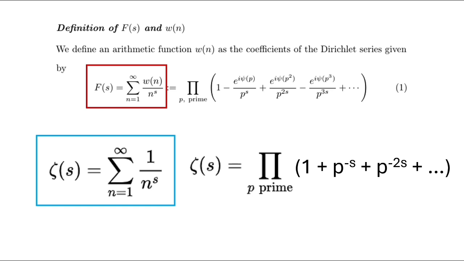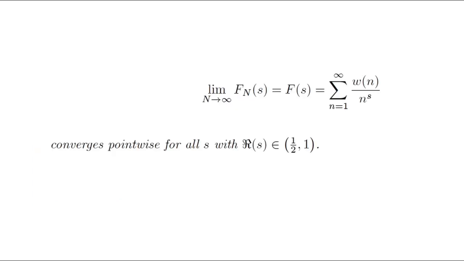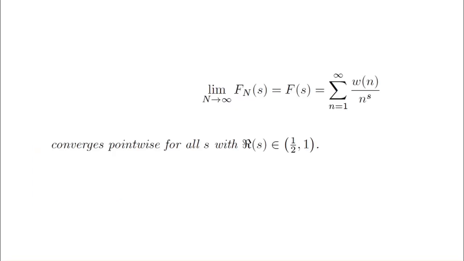We saw in the last video how W of n is presented as part of another function, f of s, which looks sort of like the Riemann zeta function. Where the zeta function has a 1, though, f has W of n. Sky is going to state that he will prove that f converges for all values of s with real parts in the range 1/2 to 1.